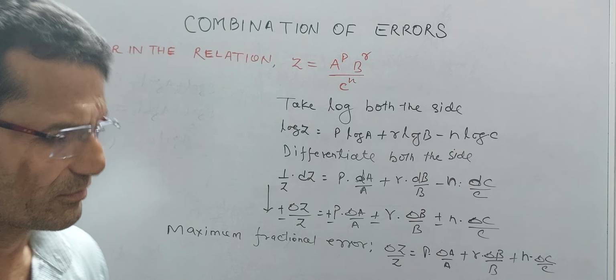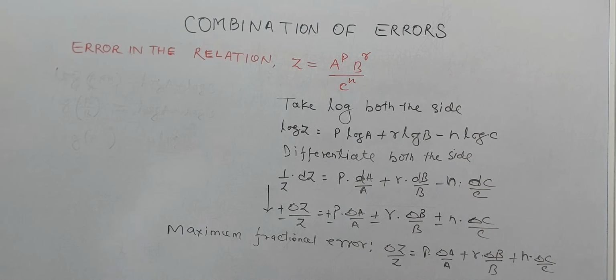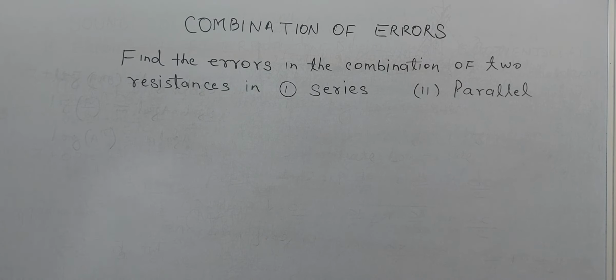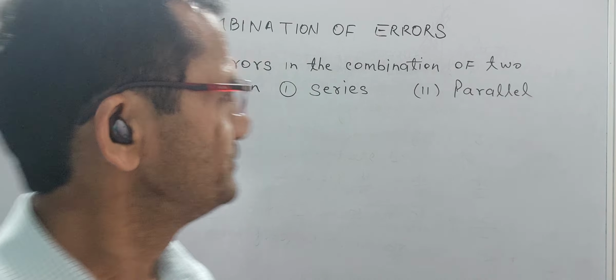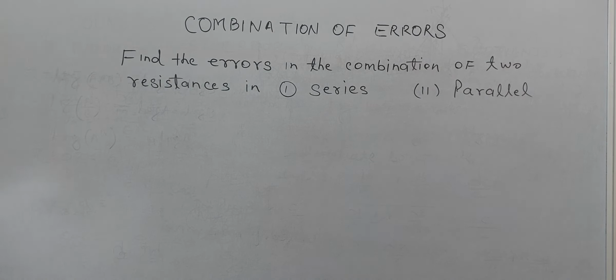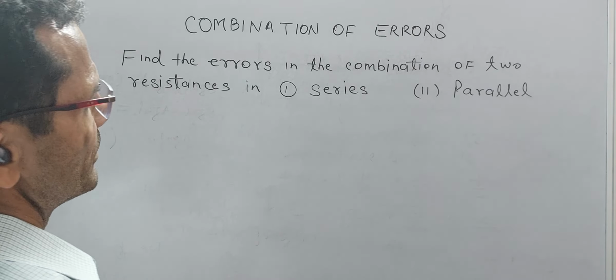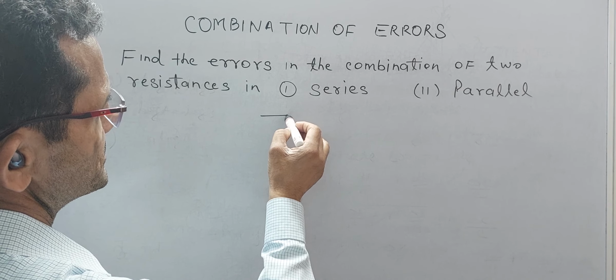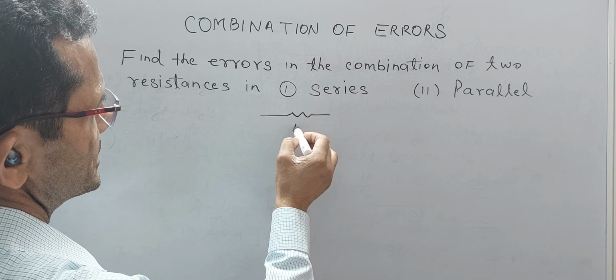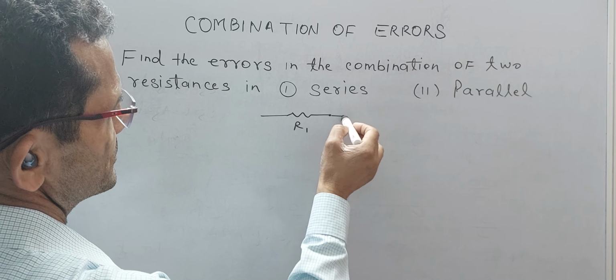Let us discuss one by one. The question is to find the errors in the combination of two resistances. One is in series. Let us suppose that this is R1 and this is R2.